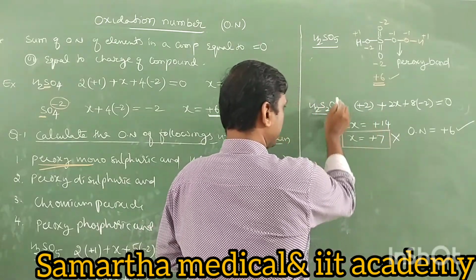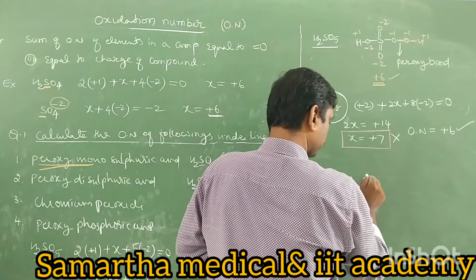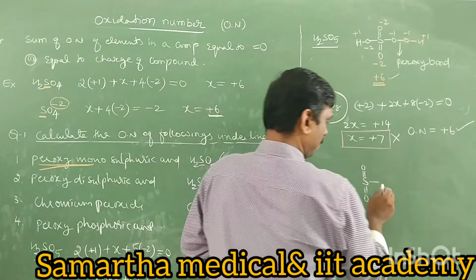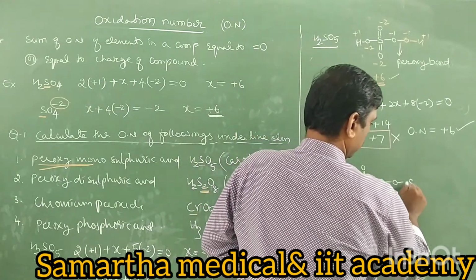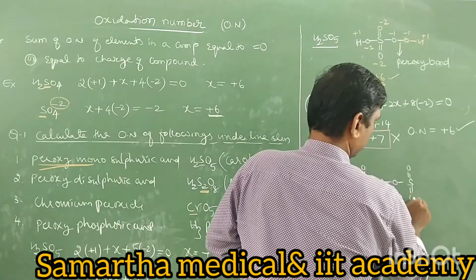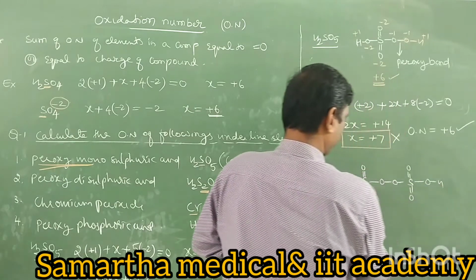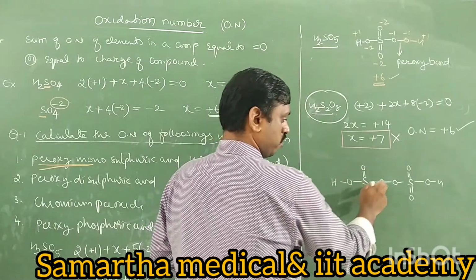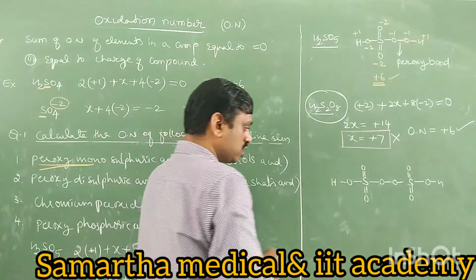Then write the structure of this molecule. It is similar to sulfuric acid, with the OH groups. So 1 2 3 4 5 6 7 8 oxygens. There is an oxygen-oxygen bond.